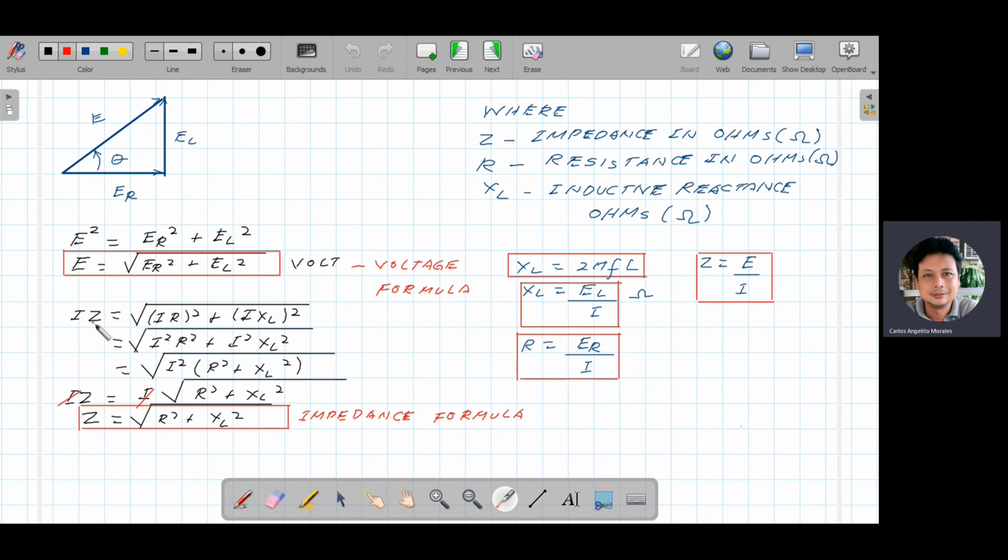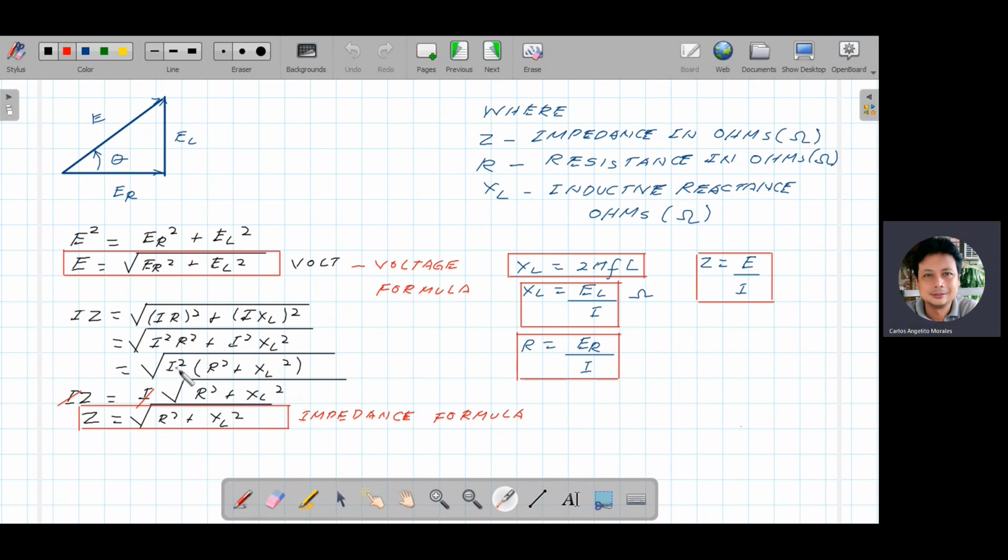So ngayon, itong E, ang formula niyan is I times the impedance, yung Z kasi stands for impedance, no? Which is equal to square root of ER squared, which is IR squared, plus EL squared, which is I times XL squared. Then, i-distribute mo yung square: I squared R squared plus I squared XL squared. Then, factor out mo itong I squared. Matitira dito sa parenthesis is R squared plus XL squared.